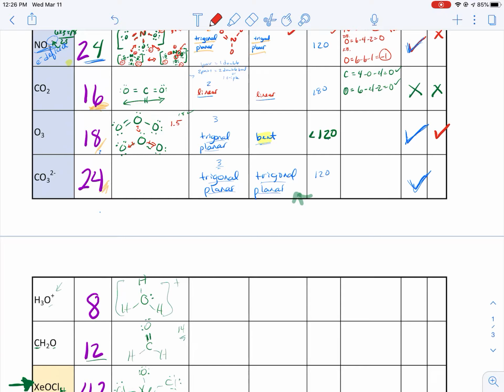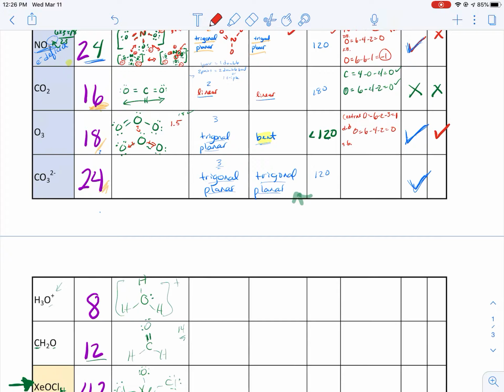Let's check our formal charges. So let's look at the central oxygen. That one's going to be 6 minus 2 dots minus 3 bonds, which gives us +1. And then let's talk about our double bonded oxygen. 6 minus 4 minus 2, so that's 0.